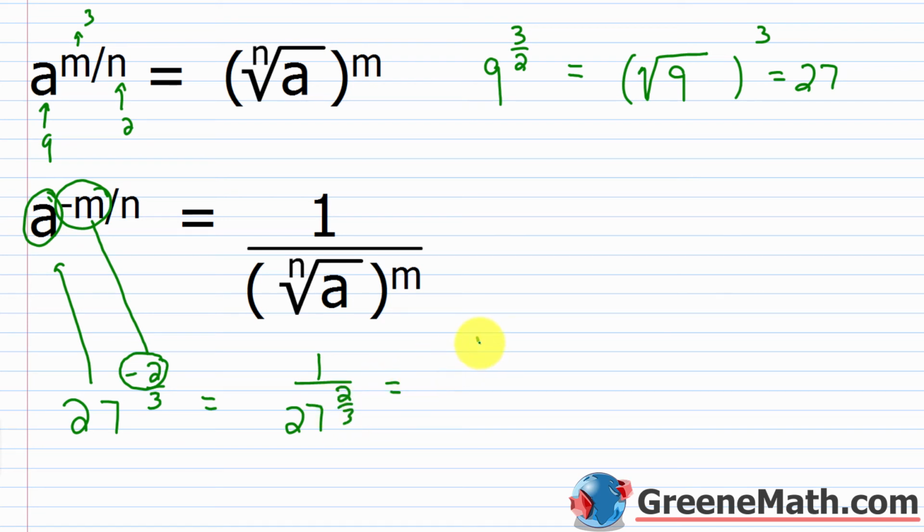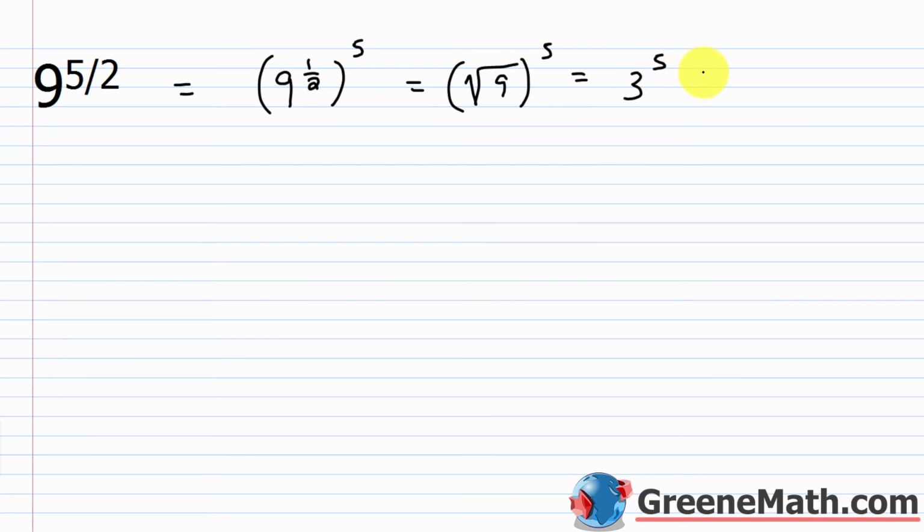And then if I said I had 1 over the cube root of 27, and then this guy would be squared, I'd end up with a final answer of 1 over the cube root of 27, which is 3. So it'd be 3 squared, which is 9. So I'd end up with 1/9 in that scenario. The key to this is just to write down the generic formulas, match things up, and just go slowly, right? Just take it step by step.